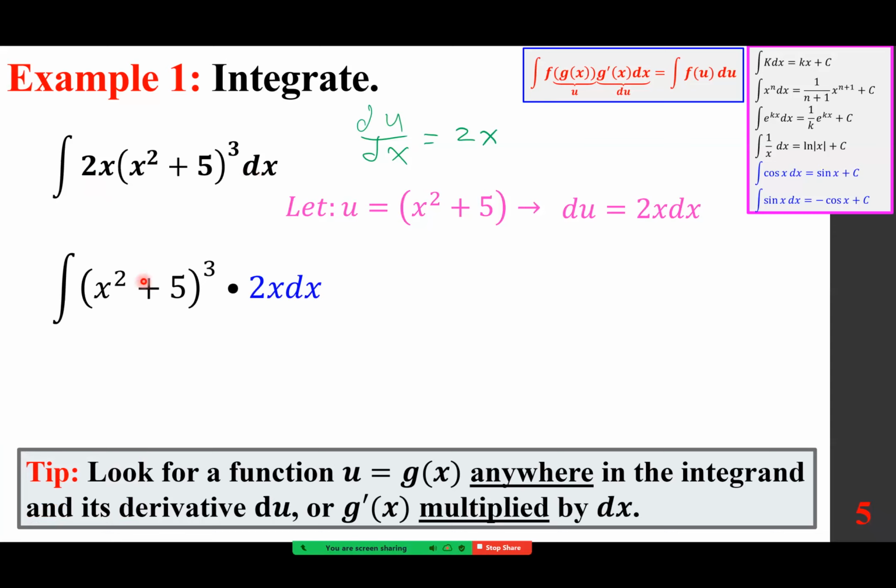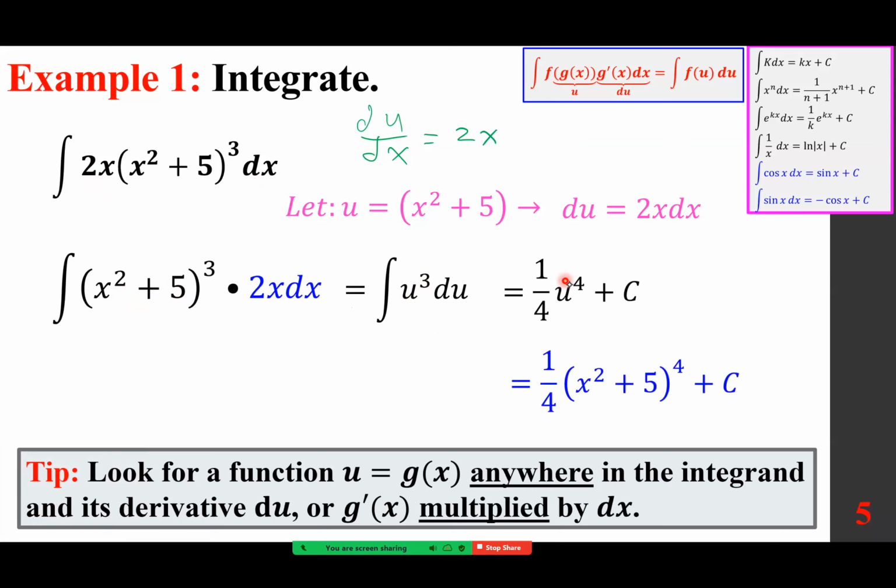This way it is clear that this is u cubed and this whole thing is du. And this uses the simple case of a power rule. So 1 over 4 u to the power of 4 and a constant. Now replace the u and you're done.